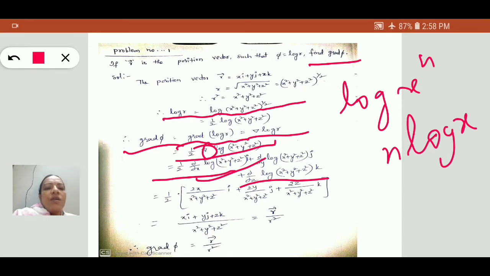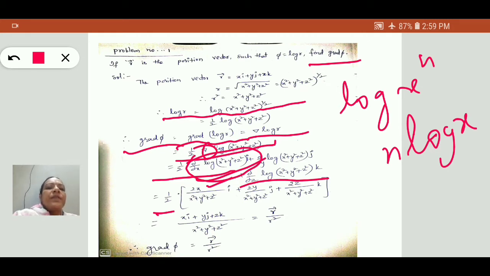Next step, taking the partial derivative of log of x square plus y square plus z square with respect to x, the derivative of log x is 1 by x, so we get 2x by x square plus y square plus z square.